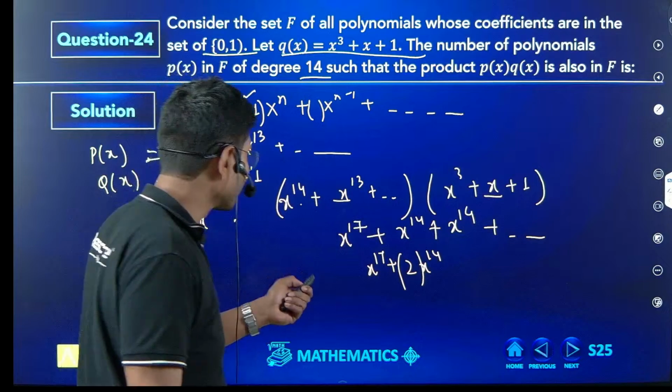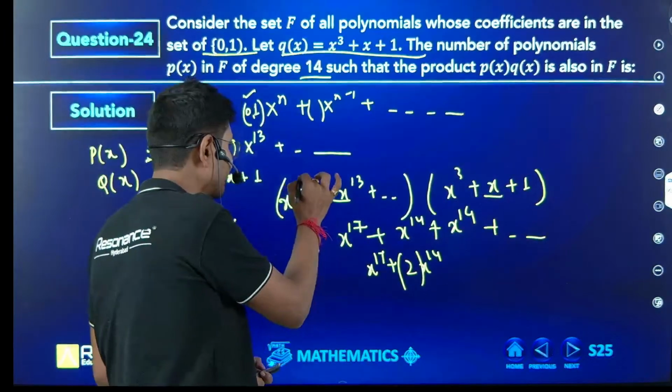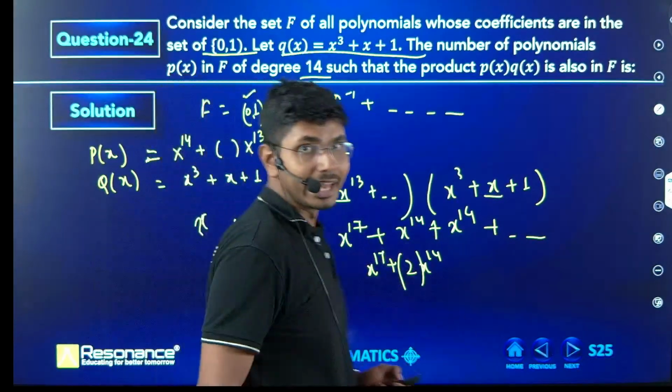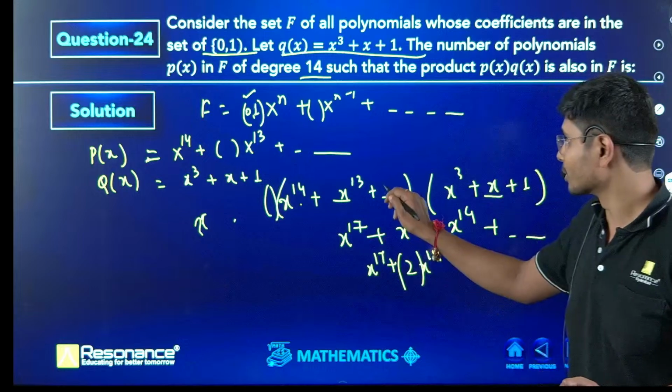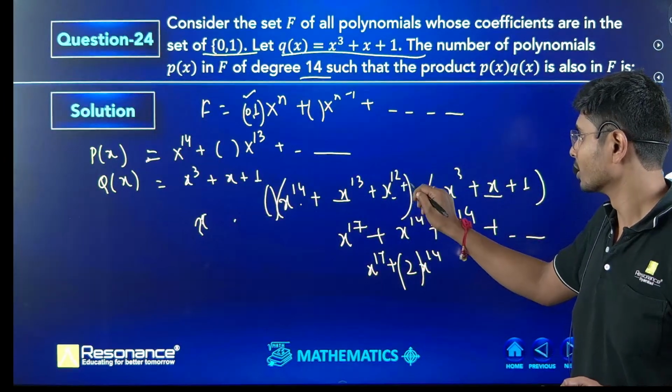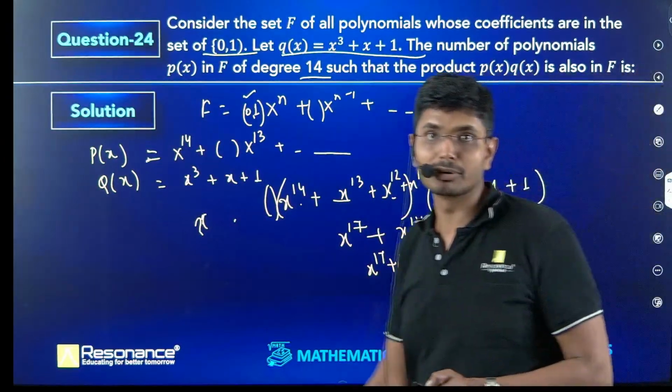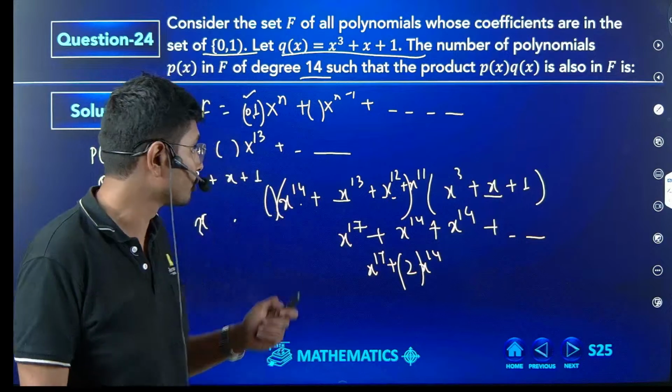So what we learn from here is that whenever x to the power 14 is 1, the coefficients of x power 13, x power 12 and x power 11 all three simultaneously must become 0, then only it will be possible.